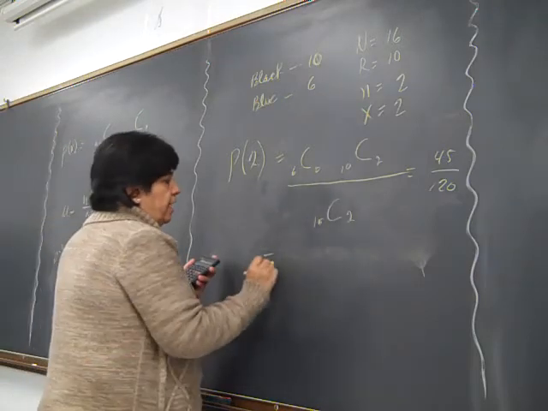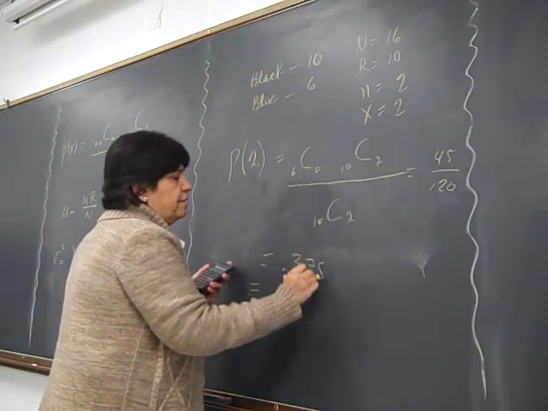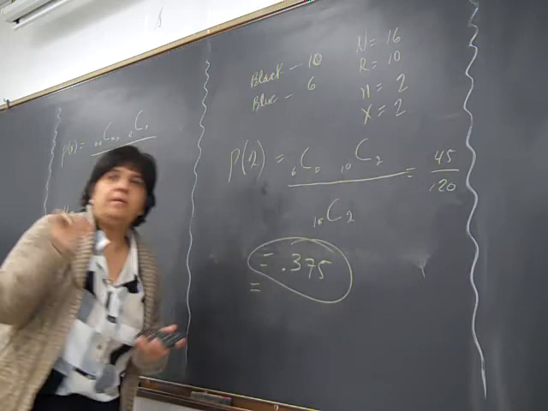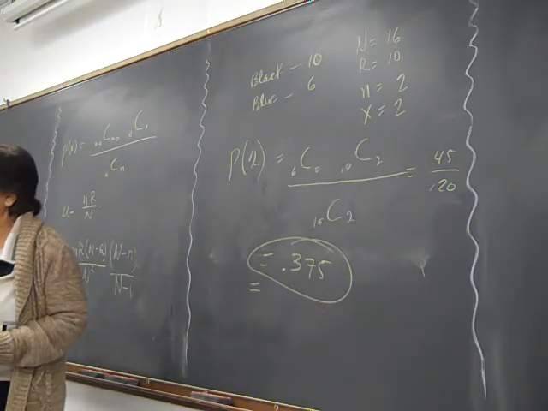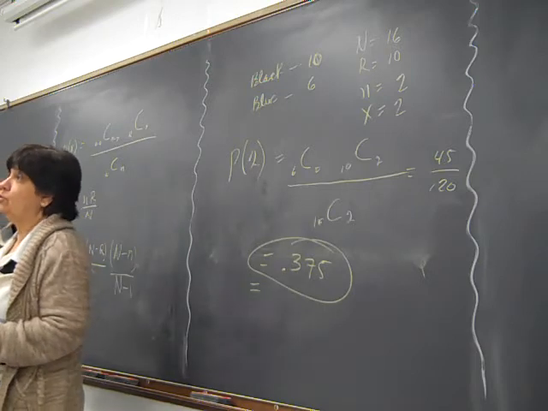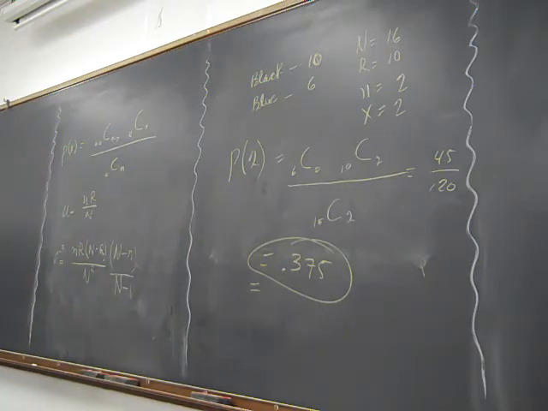The probability then is 0.375. So the probability that I get a pair of black socks when I draw 2 from the drawer is 0.375. So probably only a third of the time I'm going to have my pair of black socks when I draw. It's pretty small.